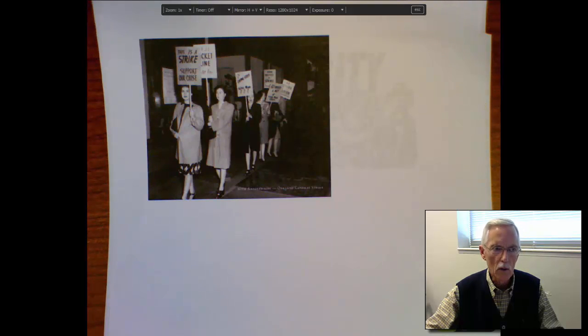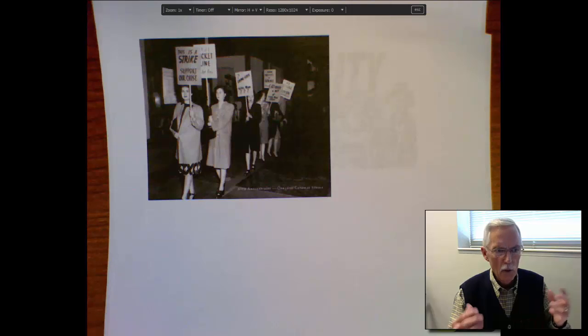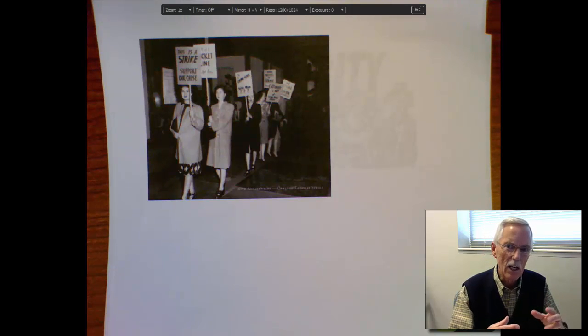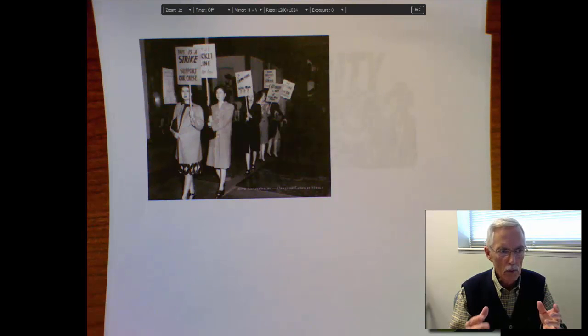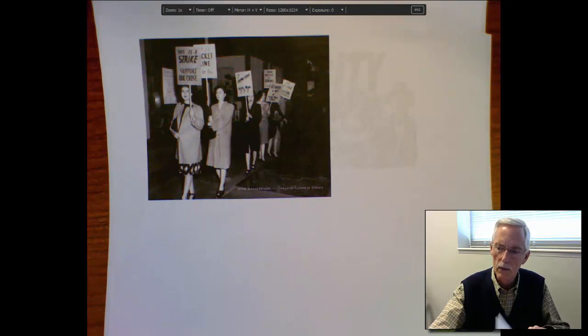And they went on a month-long strike that, for all intents and purposes, pretty much shut down the city of Oakland. But the power of the owners, their allies, and anti-union organizations and movements, in the end kind of broke the strike. And as a result of this strike, the Taft-Hartley Act was passed in 1947, which substantially weakened the nation's labor movement.